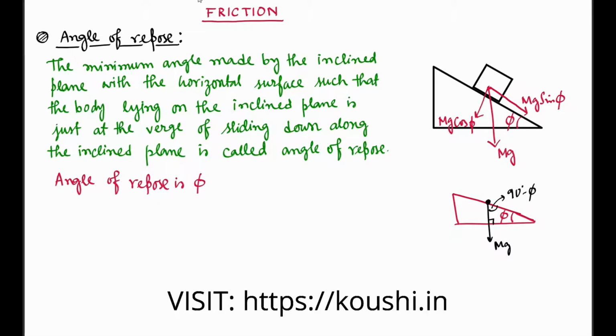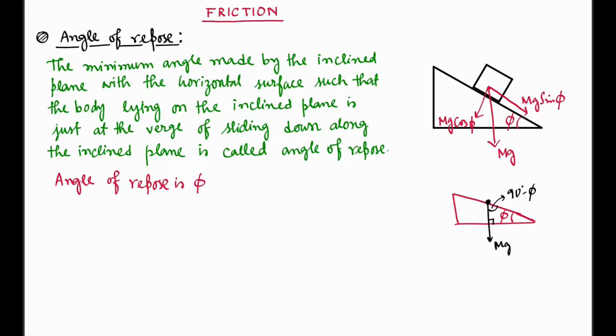Now, if we resolve this mg into two components, one along the inclined plane and another perpendicular to it, then this angle is phi. Therefore, the component which is near to that mg, that means near to the force, is mg cos phi, and which is far away is mg sin phi.